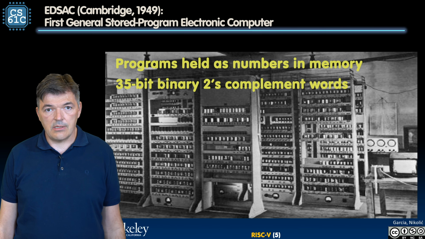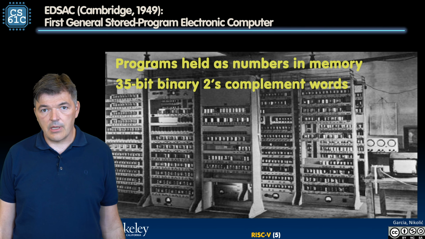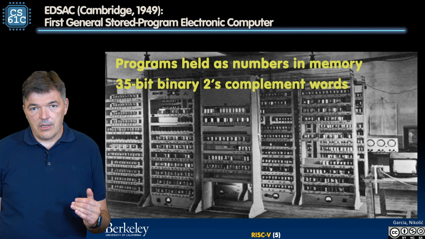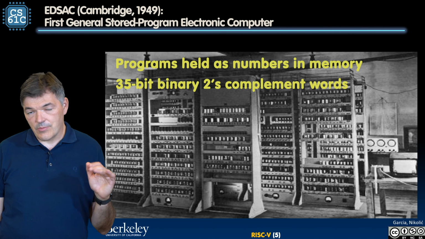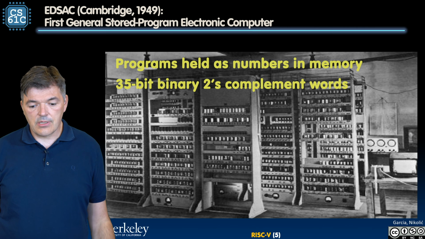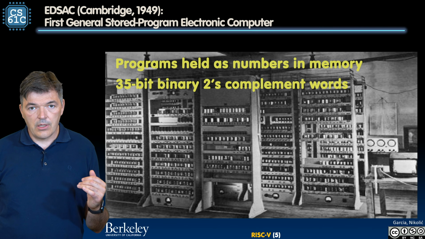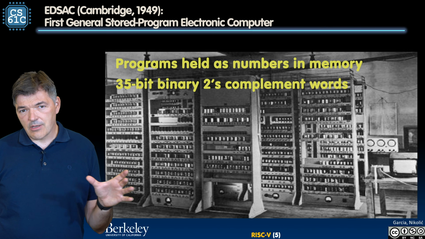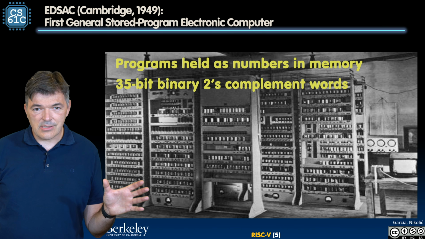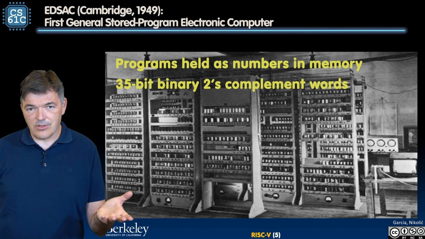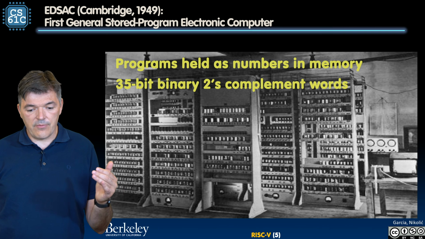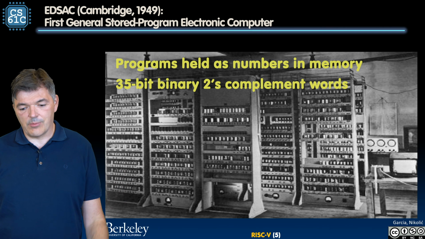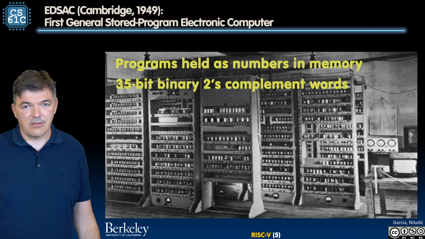This dates to 1949. It is interesting, this was, I believe, the first computer that used 2's complement, but they didn't quite get the concept of bytes and constant words back then, so this used 35-bit binary 2's complement numbers to represent the data.